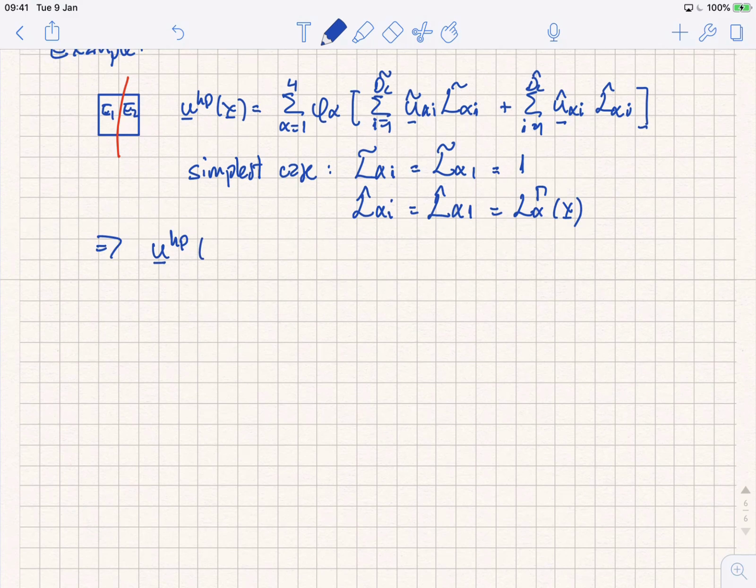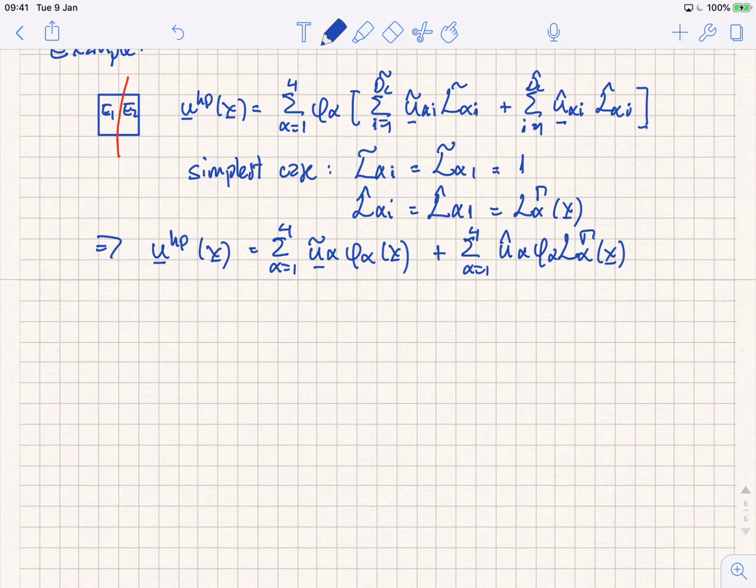And so for this very simple example, my final approximation is going to look like this. It is really not much of an HP extension anymore because I decided to remain linear. But let's keep that notation so far, and it's going to look like this. Phi alpha of x plus the sum from alpha equals 1 to 4 of u hat alpha phi alpha L alpha gamma of x.